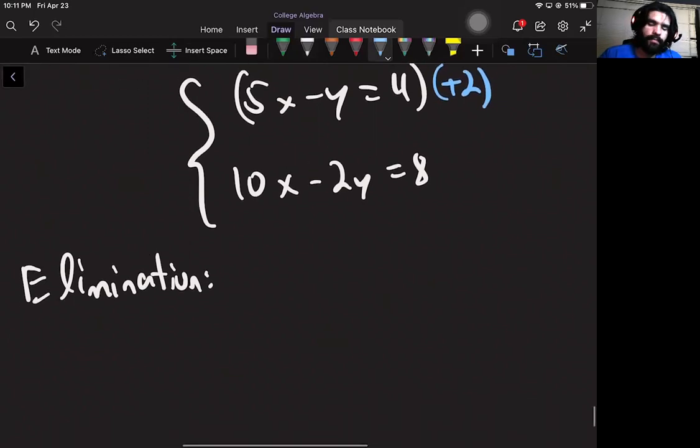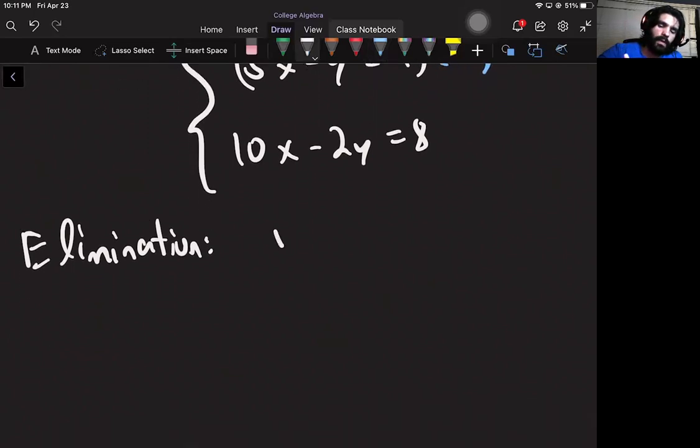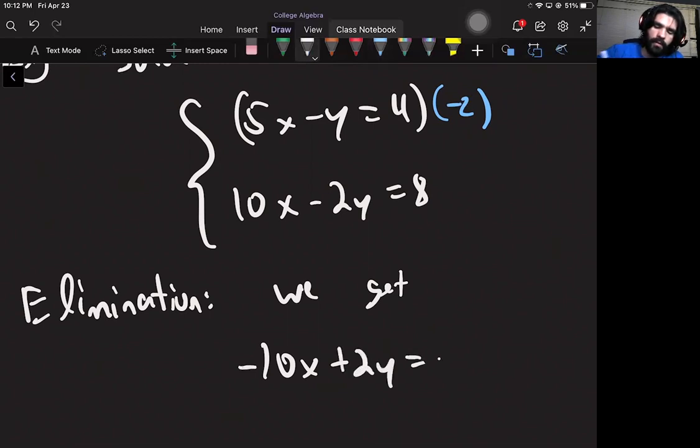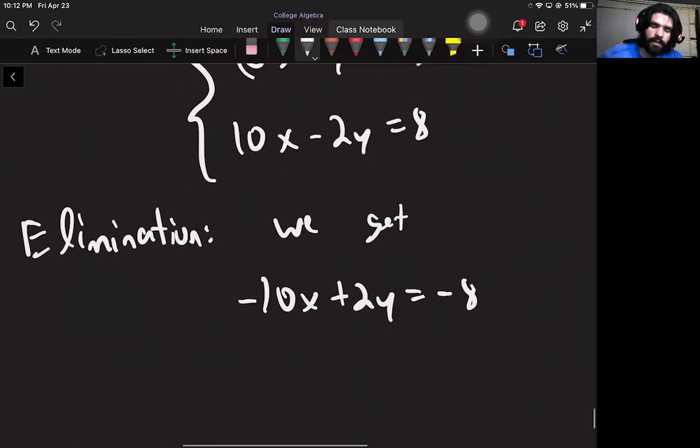Sorry, I do want negative. So let's do -2 here. Then if I distribute it through, I get -10x plus 2y equals -8. And the other equation is 10x minus 2y equals 8.